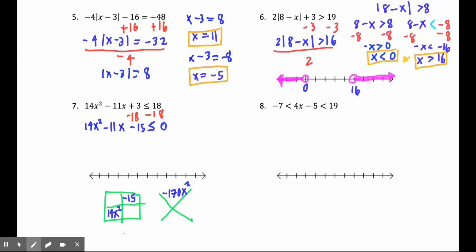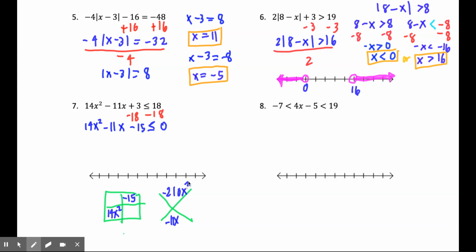Is that right? Nope. 210. Okay, and then you put the -11x here.